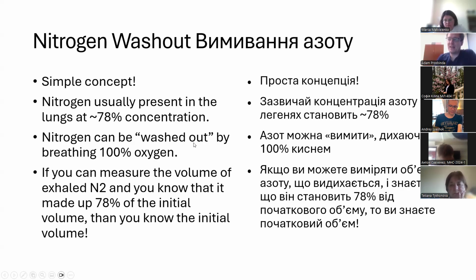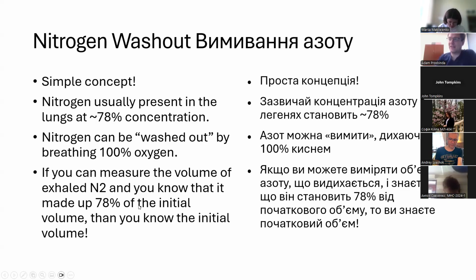And if you continue to breathe 100% oxygen, over time your lung will be washed out of nitrogen because you will end up just exhaling it all. If you can somehow measure the amount of exhaled nitrogen, and you already know that at the beginning it was around 78% of the volume, then you can very easily calculate the initial volume of the lungs. It's just fractions, very simple.